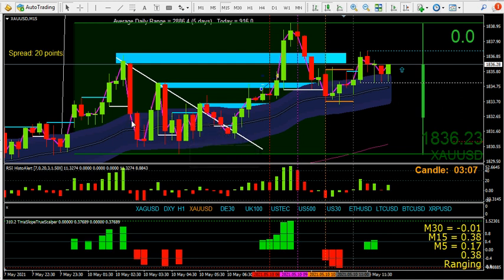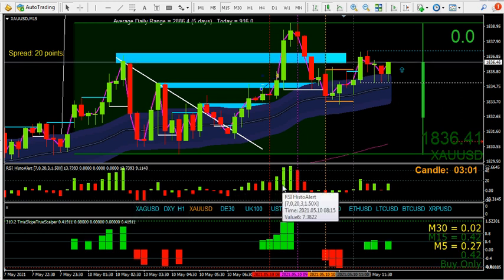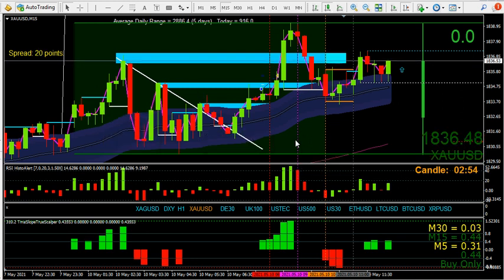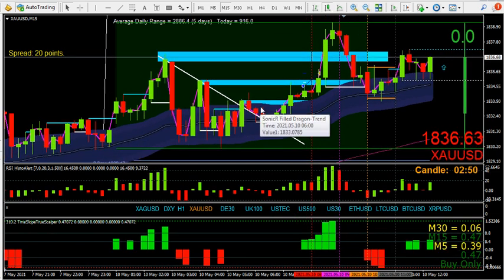So we're above the dragon. Price is above the zero line with power. In other words, the move is up. Shorts were not an option unless we're way down here and we've done this and this and this. So it's just a question for me of waiting for the longs.